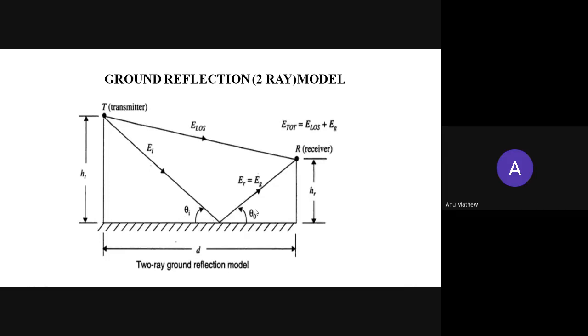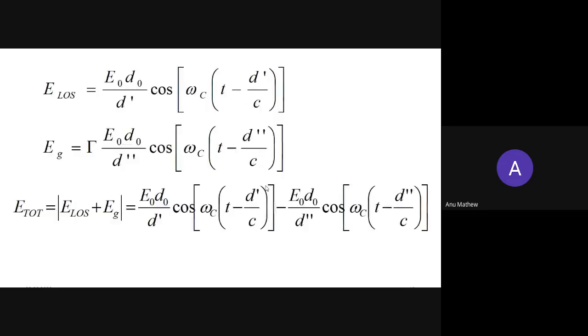Therefore the reflected energy Eg equal to tau into Ei, where tau is the reflection coefficient. So the reflected energy equals the reflection coefficient into the incident energy. That is represented here: Eg equal to tau into E naught D naught divided by D double dash cos omega C T minus D double dash divided by C.